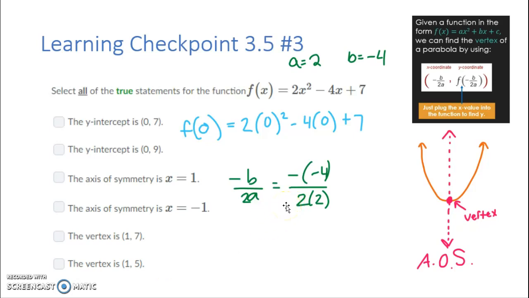You'll get your answer. It'll either be +1 or -1. And if you look at your next two choices, it kind of gives away which x value is correct. But you're going to go plug in that x value, and you will either get 7 as your answer when you plug in, or you'll get 5 as your answer when you plug in.